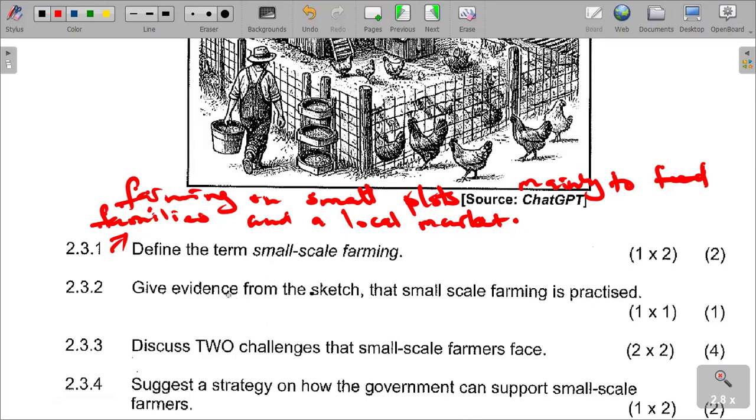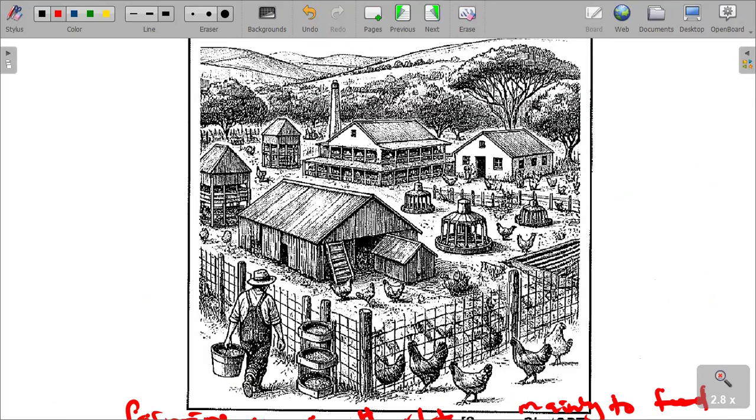And then give evidence from the sketch that small scale farming is practiced. What evidence can we see in these photographs that can show small scale farming?